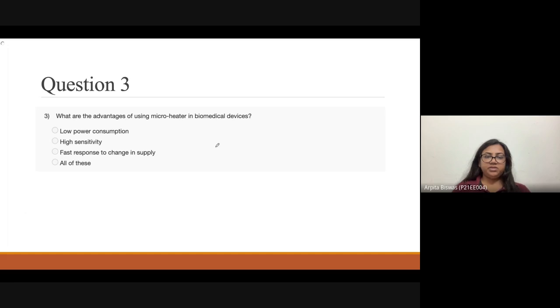What are the advantages of using microheater in biomedical devices? First option is low power consumption. The second option is high sensitivity. The third option is fast response to change in supply.